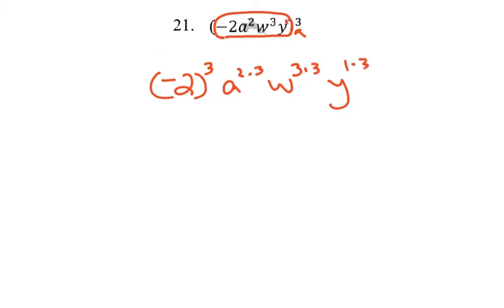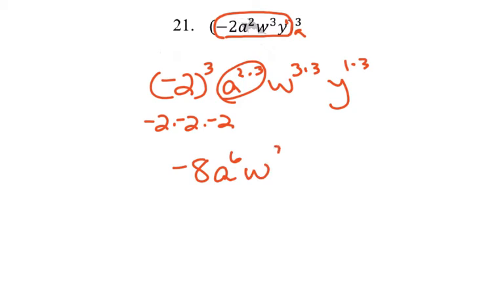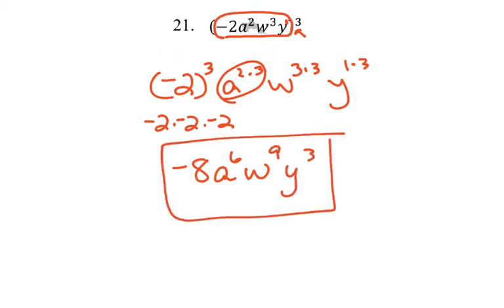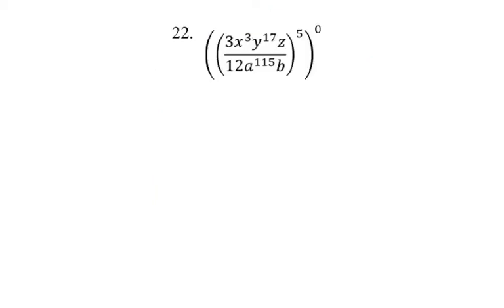Make sure you understand that every single item in there is going to get that power. So negative 2 to the third is negative 2 times negative 2 times negative 2, so that's negative 8. A to the second to the third is a to the sixth. Remember, we're multiplying our exponents, not adding them. W to the ninth, y to the third. And that is the simplified answer for number 21.